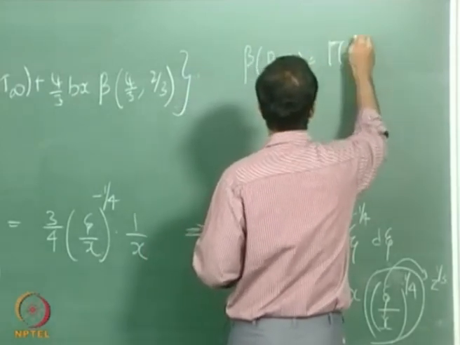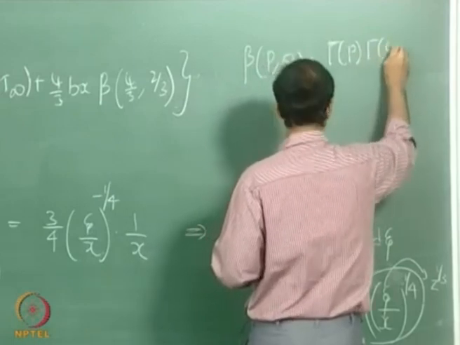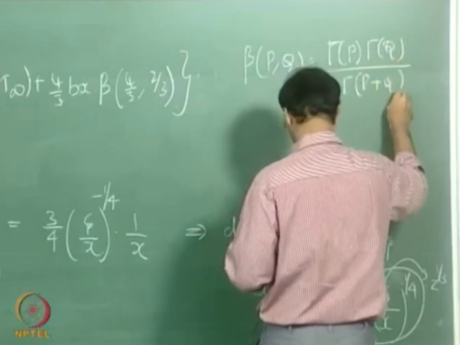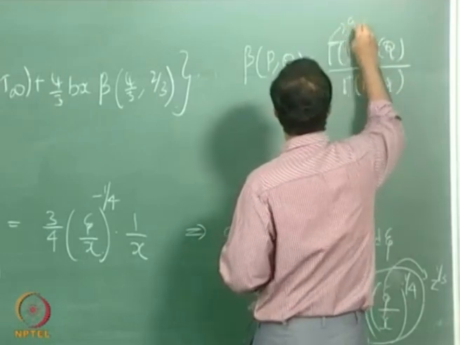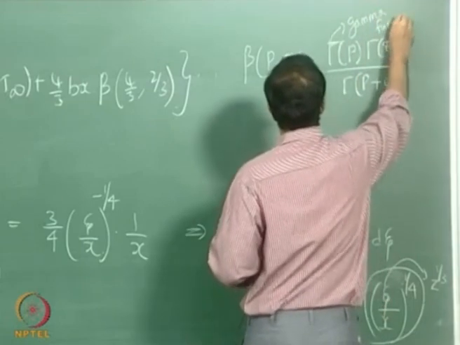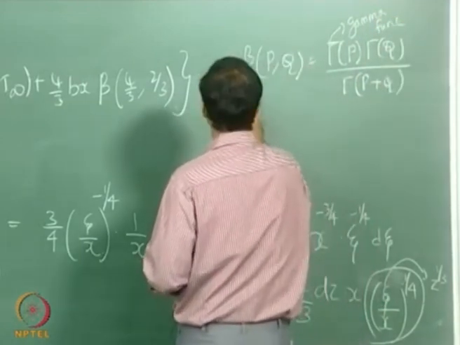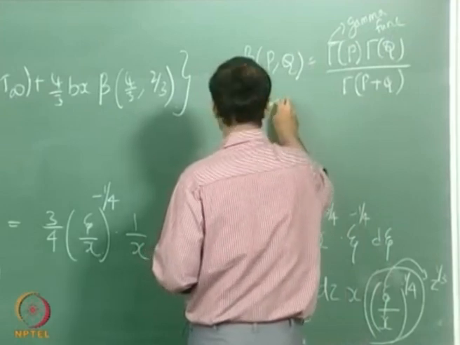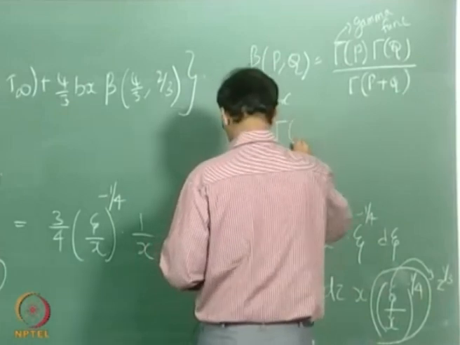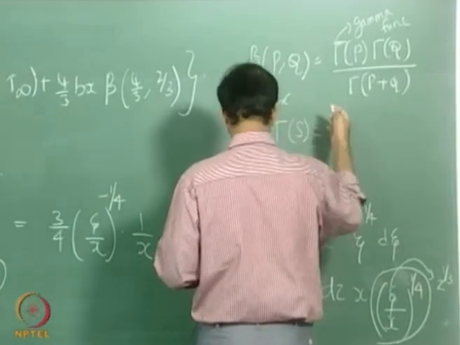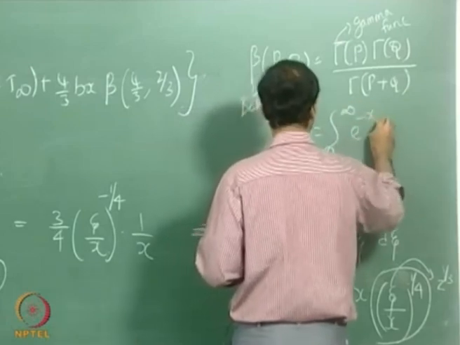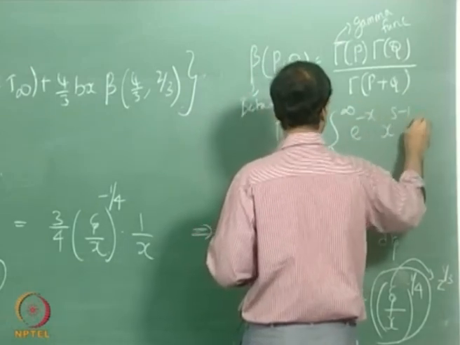This is your gamma function, and this is your beta function, where generally your gamma function of some variable s is the integral of e power minus x times x to the power s minus 1 dx.